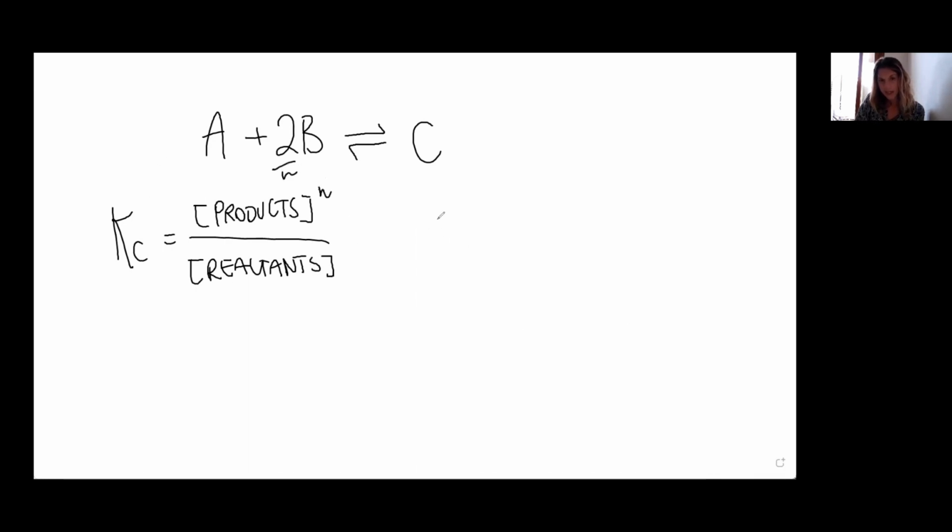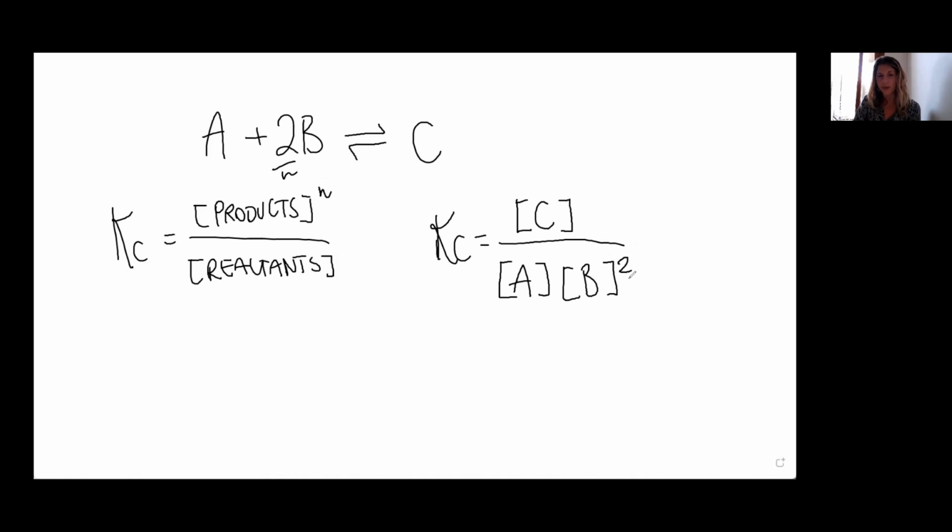So for this specific equation, Kc will be the concentration of the product, which is the concentration of C, divided by the concentration of the reactants, which is the concentration of A and B, to the power of their balancing number, therefore 2, also called the stoichiometric coefficient. So always products over reactants. This is important to understand what the meaning of the number is, but that comes a bit later.